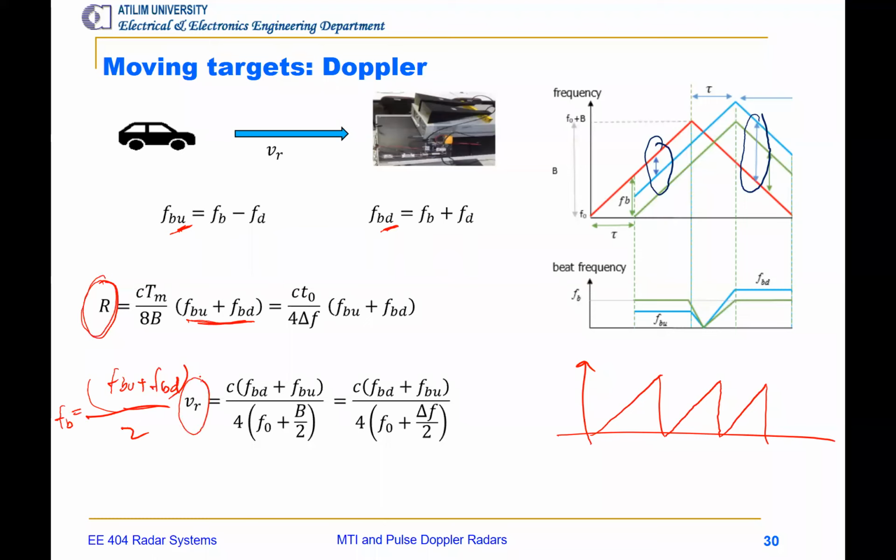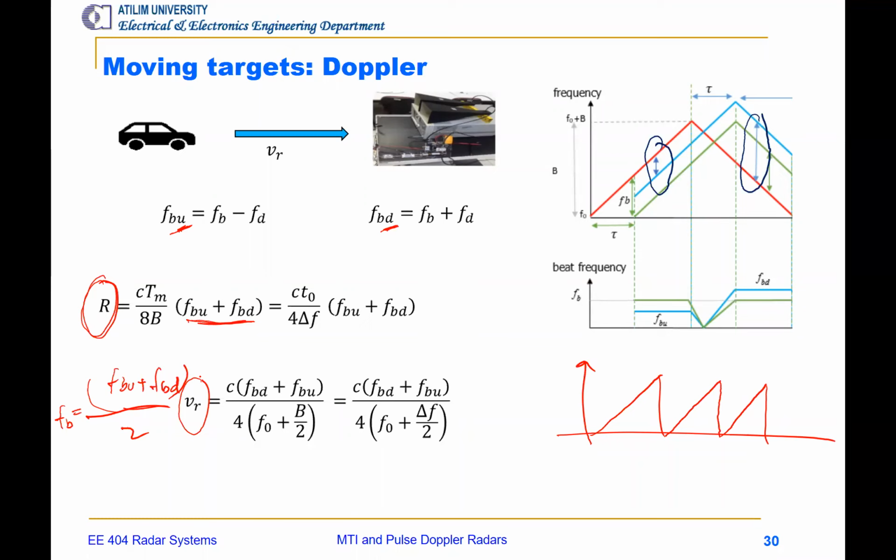Similarly, using the range-speed relationship, I can determine the speed. Now from here, what we understand is, once I measure the bit frequency precisely, I can measure both range and speed.